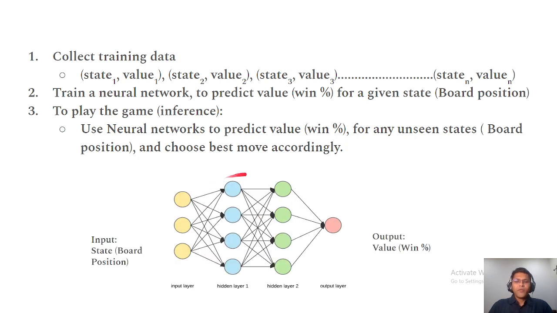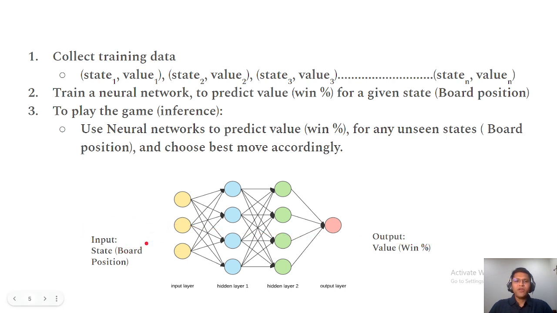This is it. At the end, you have some training data, and you have trained a neural network with the input as a state or board position, and the output as the value of it. You use that trained neural network to calculate the win percentage for any unseen states.